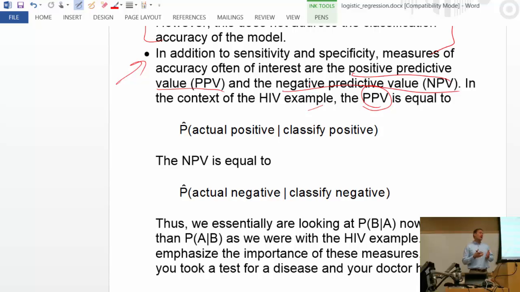Notice how this is essentially changing the order of the stuff in here in comparison to sensitivity. If you remember, the sensitivity was exactly the same, except we put classified positive there, and we put actual positive there. So now we're just looking at things from a different point of view.